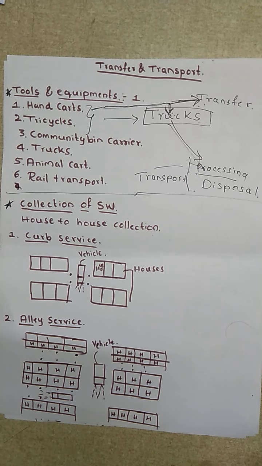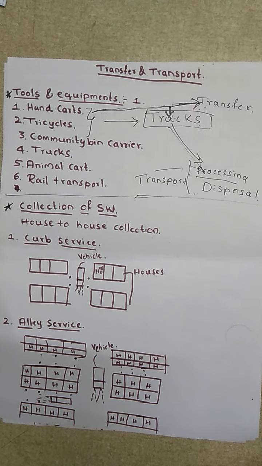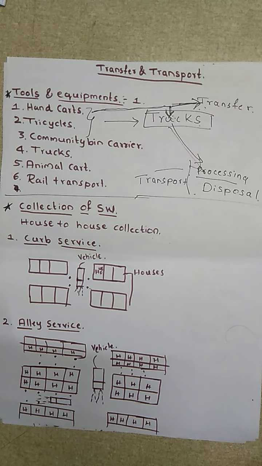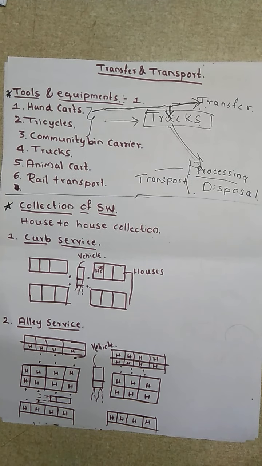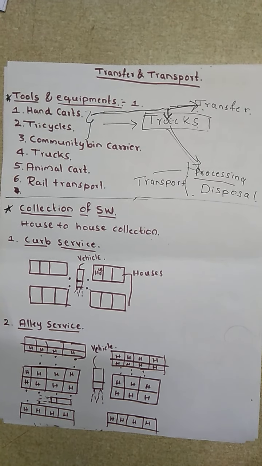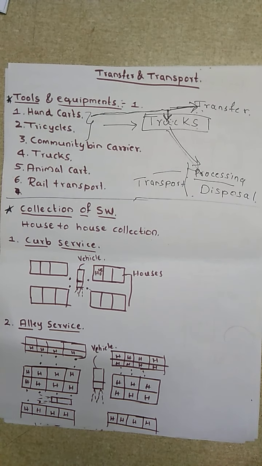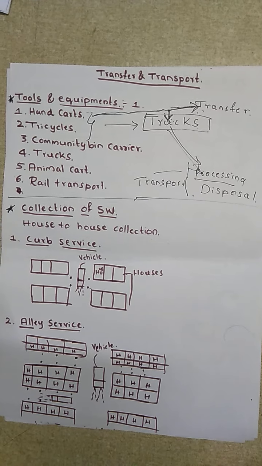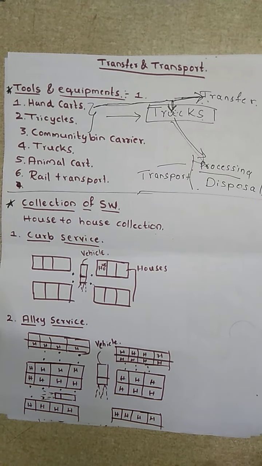So the first equipment we are going to use is hand carts. These hand carts commonly have a single wheel, 2 wheels, or 3 wheels. They have capacities of around 30 to 40 liters.